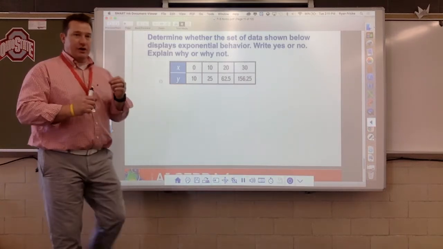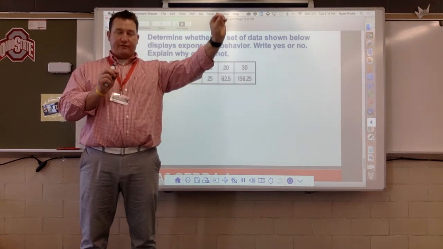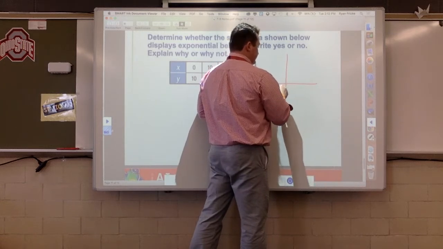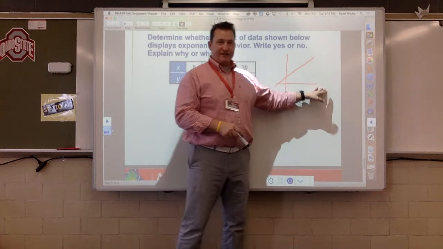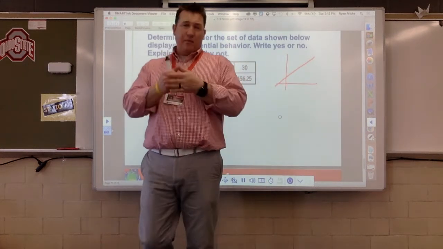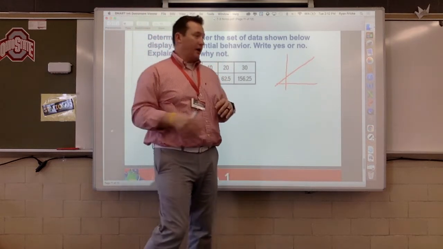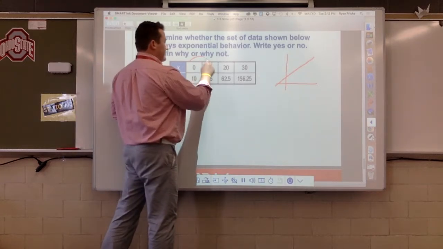When things are linear, right, we know they make a straight line on a graph. Okay? So, like, if something's linear, bam, my x values increase at the same rate. My y values will also increase at the same rate. Like, hey, maybe my x values are going up 4, and my y values are going up 2 each time, right? That would be good. Well, let's look at my x values.